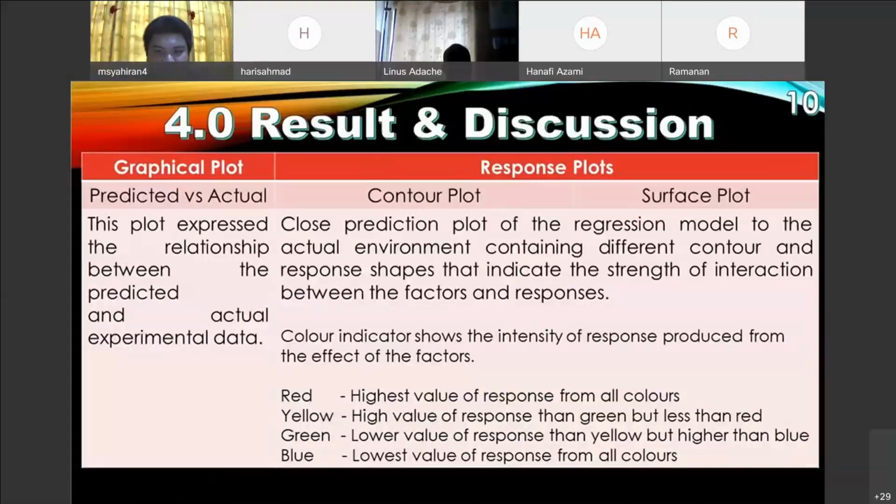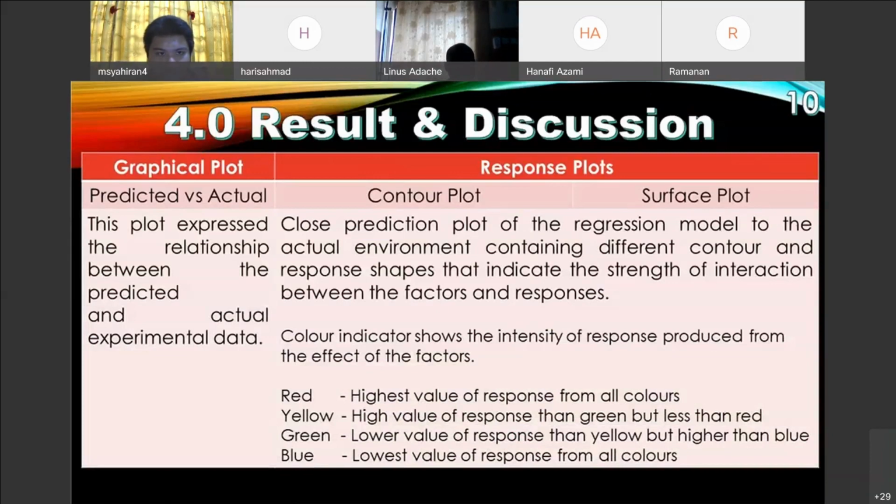Next is the result and discussion. The results of the research are shown in graphical plots, which are the predicted versus actual graph, and response plots, which are the contour and surface plots. The predicted versus actual plot is shown to show the relationship between the predicted and actual data.